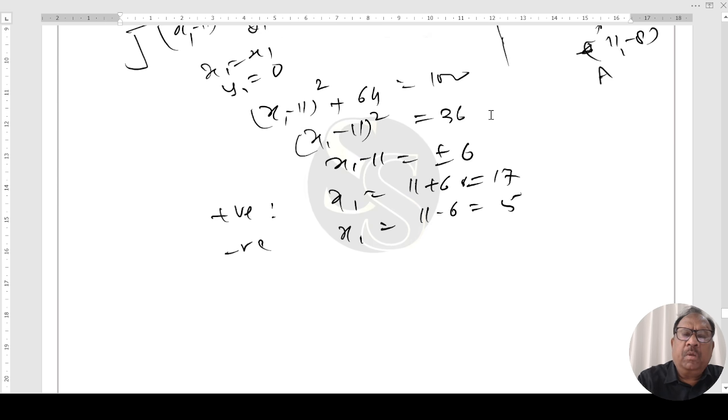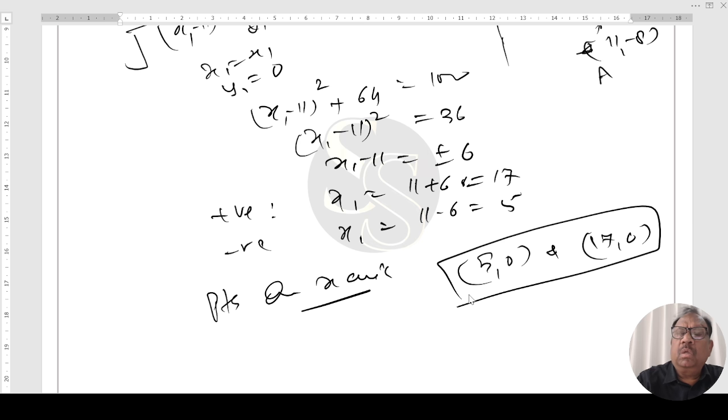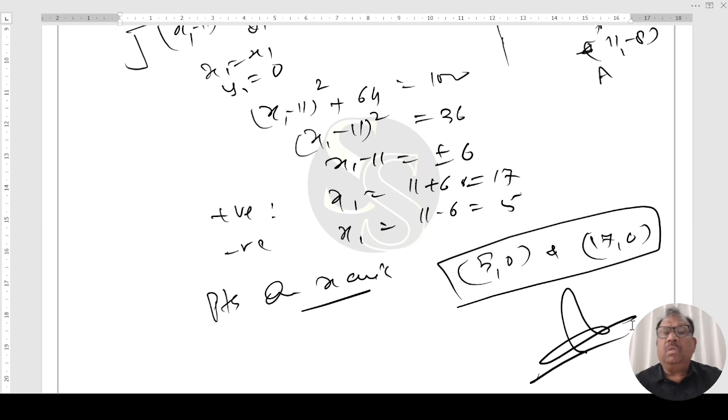Therefore, the points on x-axis will be either (5, 0) and (17, 0). This is the answer. If it is on the y-axis, then x1 will be equal to 0. Find the points, right? Next question.